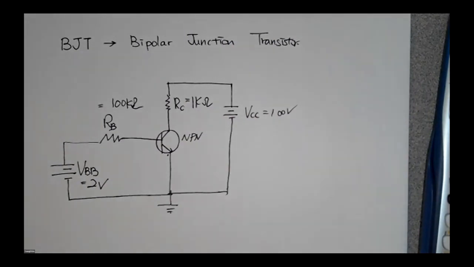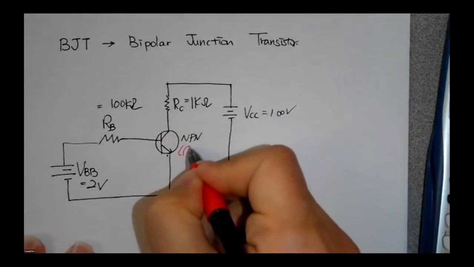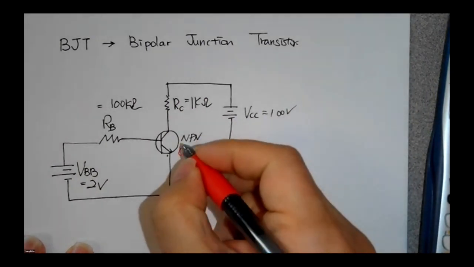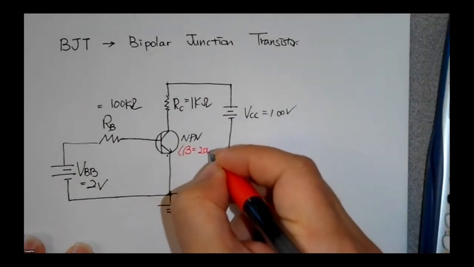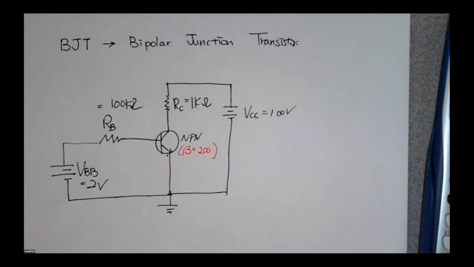And the beta gain, we assume that is 200. Do you remember, we have maybe two types of the BJT. One is the NPN, the other one is PNP. But for this semester in analog, we usually only consider the NPN transistor.